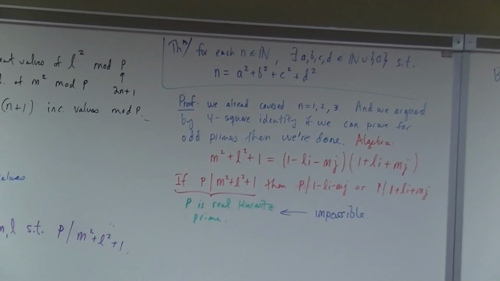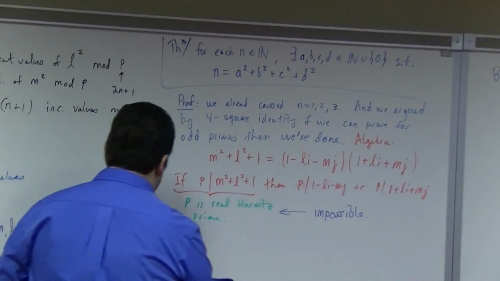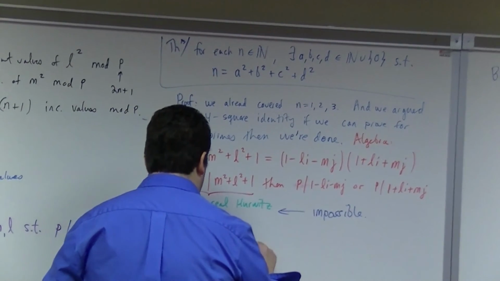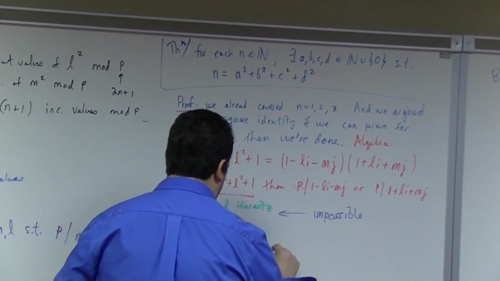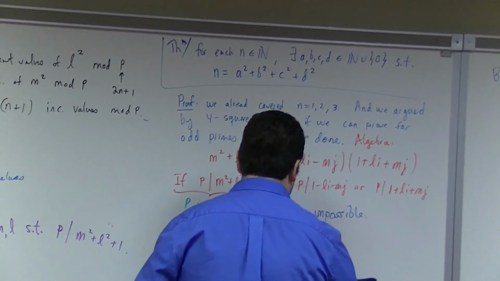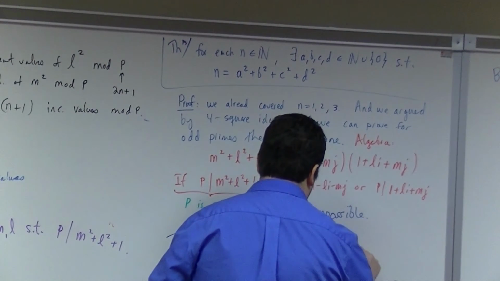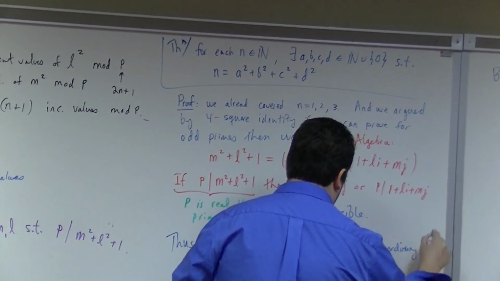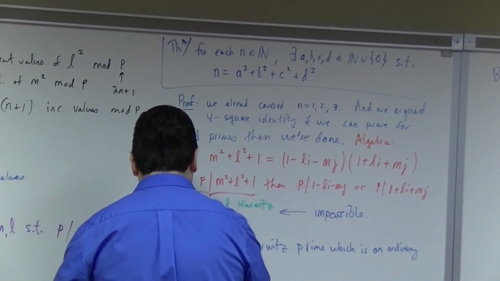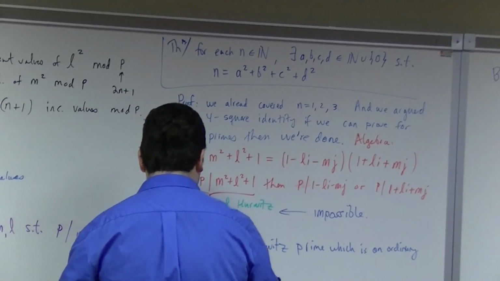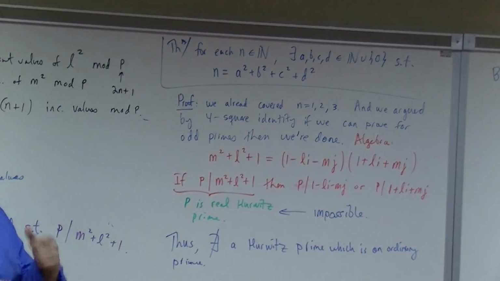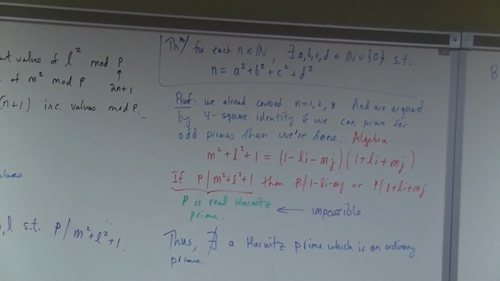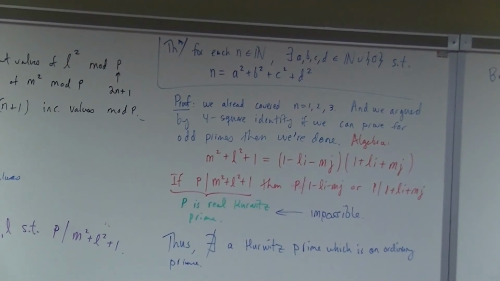Therefore, by contradiction, there does not exist a Hurwitz prime which is an ordinary prime. And if you think back to last lecture, that was the linchpin that was missing, right? That was the one thing we didn't have that I said we'd have to prove. That was it.